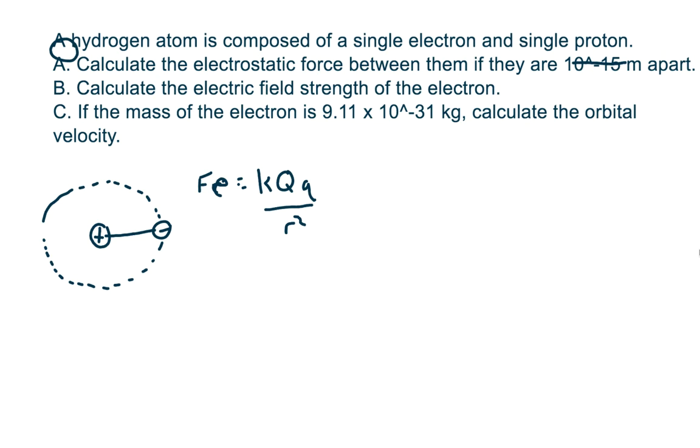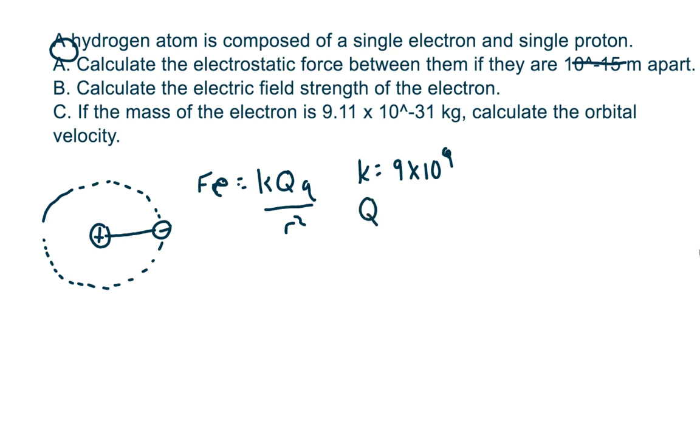In this case, K is always a constant. It is 9 times 10 to the 9th. And the units for that would be newtons per coulomb square meters, which is kind of weird, but we'll ignore the units for now.